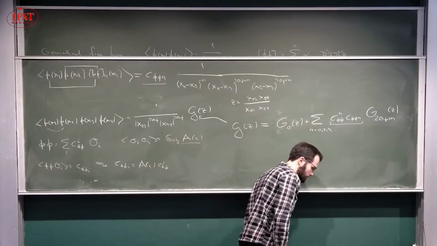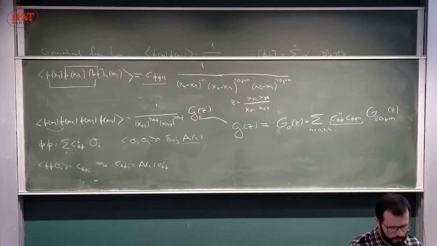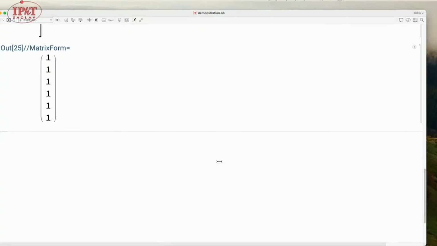So let's see what we get for the 4-point function. This calligraphic G. This 4-point function should be the.